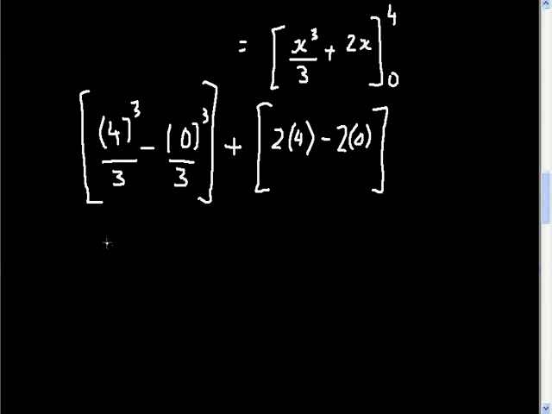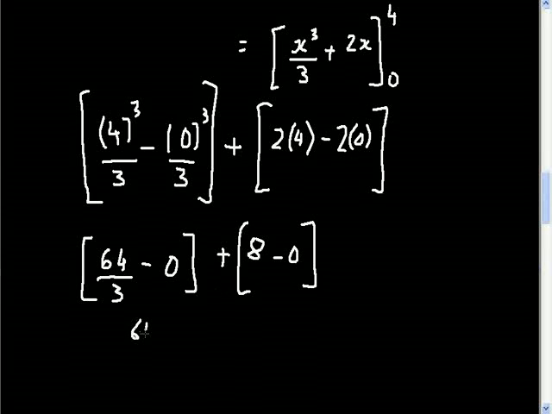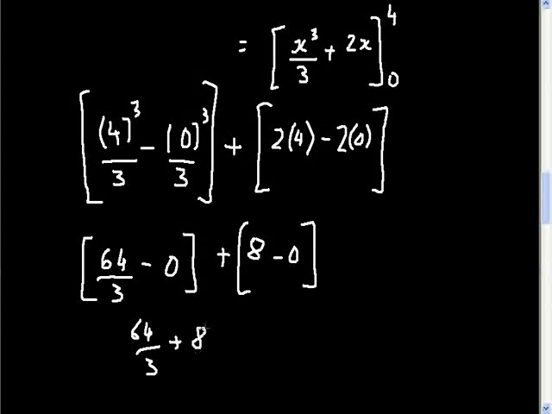Alright, so now what you get is 4 to the power 3 is 64 by 3, and that is a 0 because 0 cubed is 0, and that divided by 3 is still 0. 2 times 4 is 8, and then 2 times 0 is 0, so therefore 8 minus 0, so that's 64 by 3 plus 8.